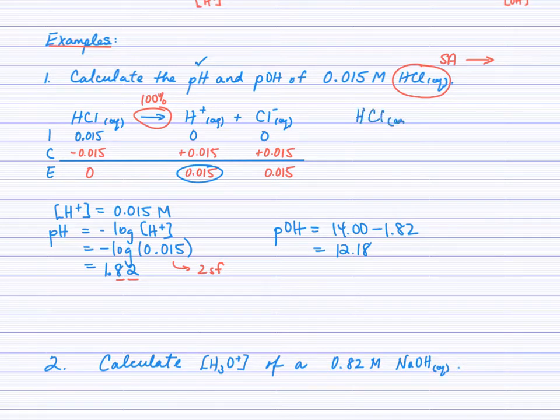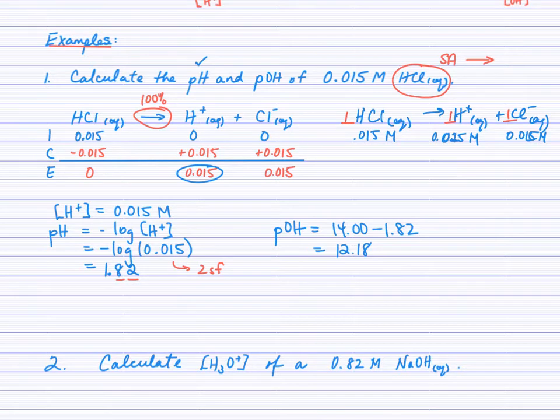So if you're doing a strong acid calculation and you want to quickly throw up the Arrhenius theory equation here, whatever that 0.015, whatever that concentration is to start with, you can essentially collapse your ice table, follow the mole ratio, and essentially show that you have 0.015 moles per liter of the H positive, and if you needed the chloride ion concentration, you'd have it there.